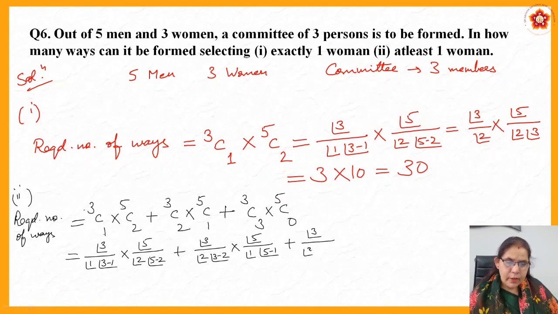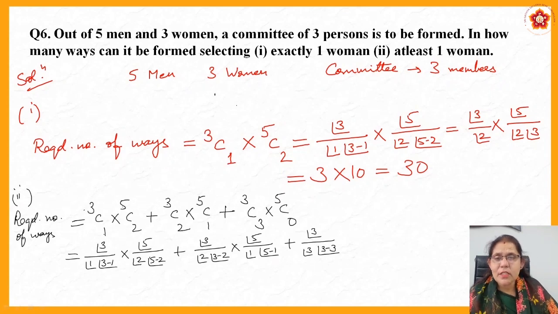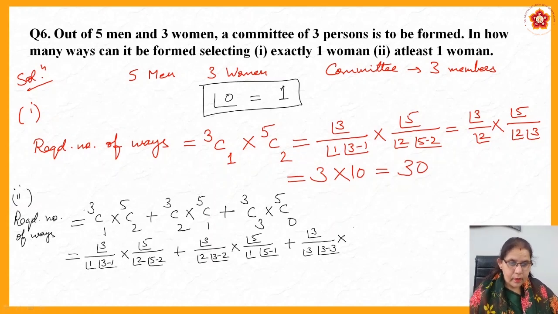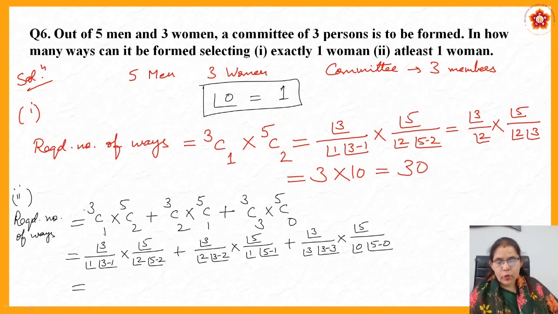And here it will be factorial 3 upon factorial 3 into factorial 3 minus 3. And 3 minus 3 is 0. What is the value of factorial 0? Factorial 0 is 1. This you have already studied. And here it is factorial 5 upon factorial 0 into factorial 5 minus 0. Please solve it and see what is the answer.